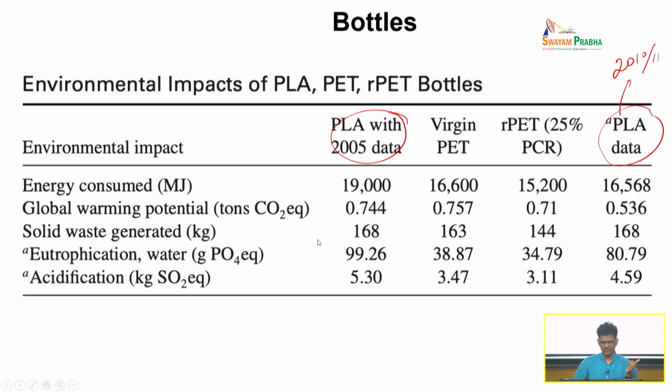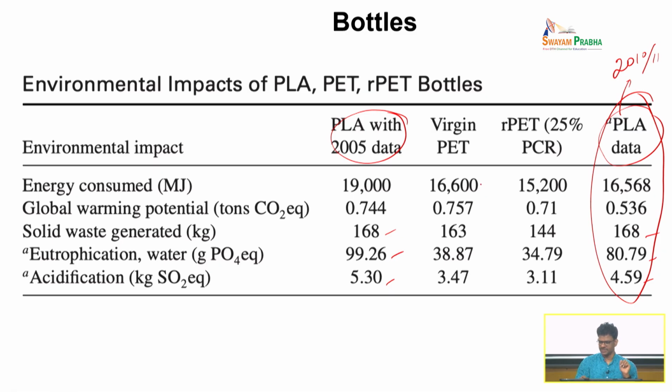Solid waste generated doesn't change, and for water eutrophication and acidification there is some drop. So you should look at this data if you got a new batch of PLA for making your bottle. If you are still using an inventory of PLA resins made in 2005, then you should look at the other data. That's the way to look at it.